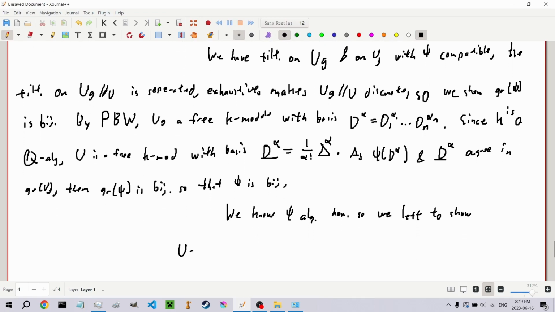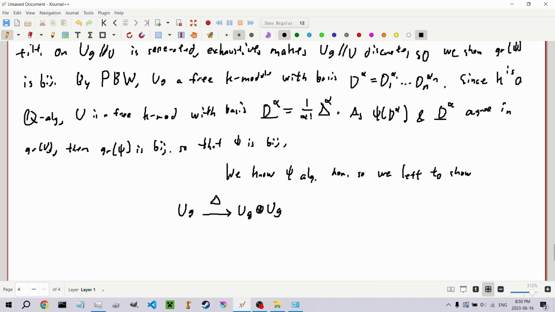So we have this map from UG, we have delta sending it to UG tensor UG being the delta map. We have psi sending U of G to U, which delta then sends to U tensor U. And so this corresponds to doing psi twice.